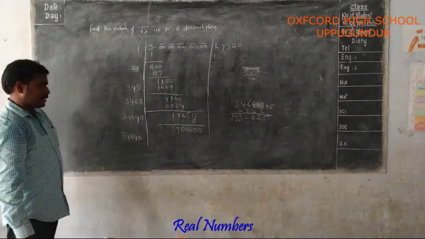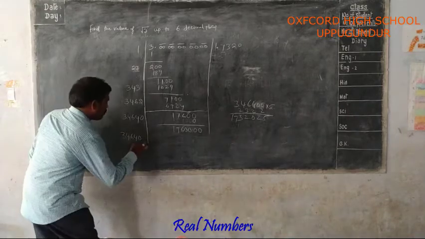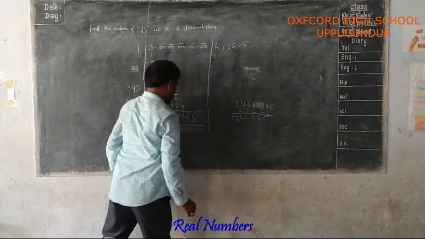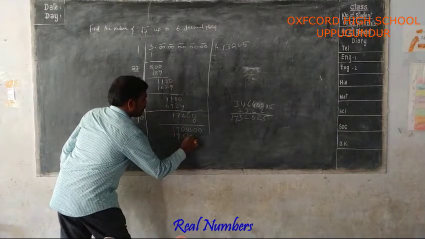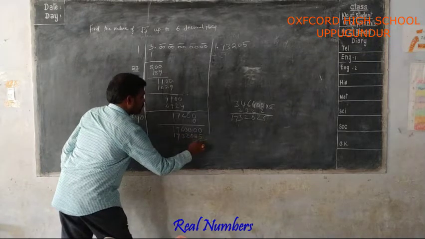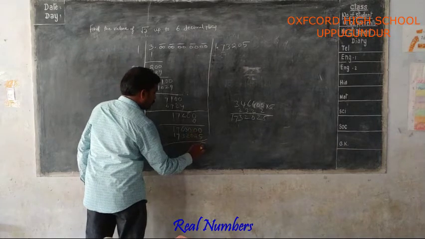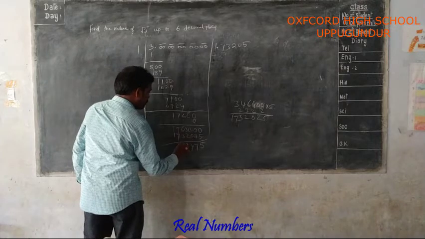So 17 lakhs 32,000, 25. So it is divisible. Subtracting these two: 10 minus 5, 5. 9 minus 2, 7. 9 minus 2, 7. 5 minus 3, 2.